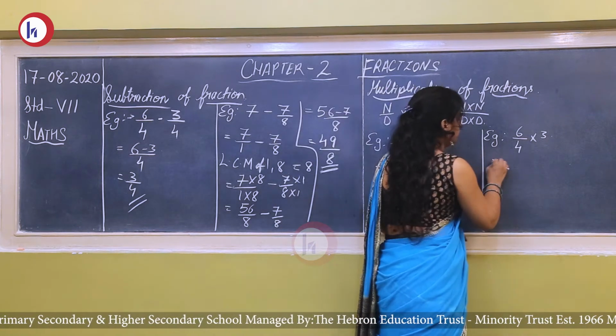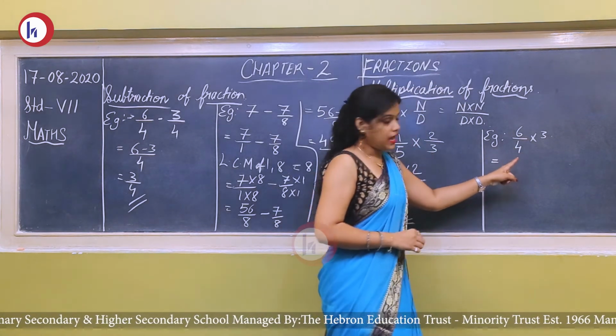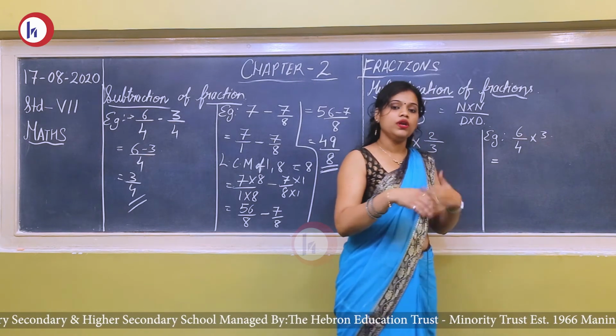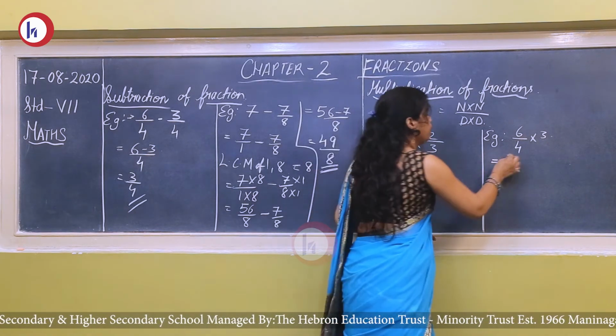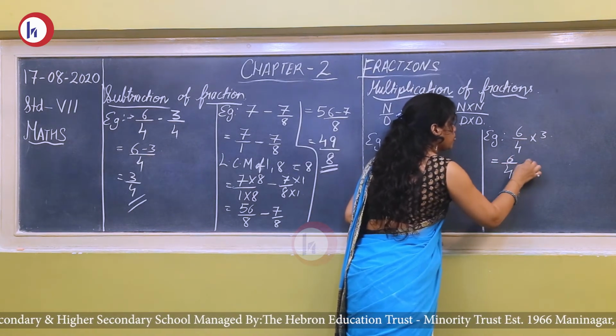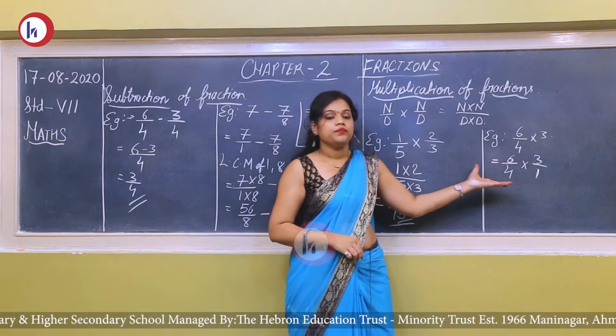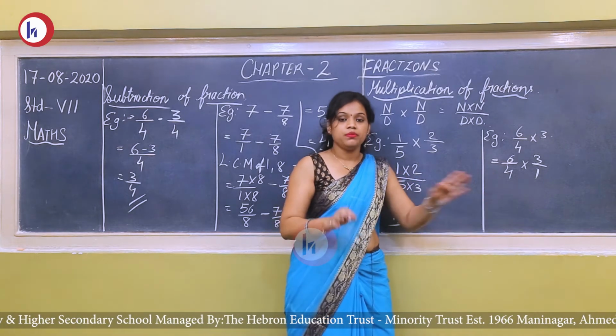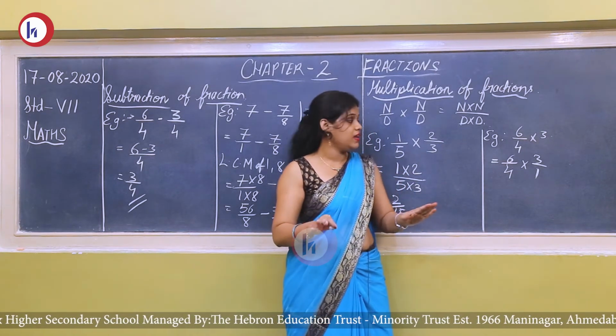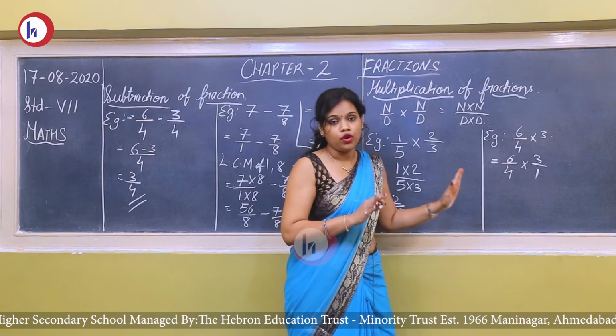Here I have taken one fraction and one whole number. For the whole number, again you will write 6/4 multiply by 3/1. Again it is an unlike fraction, but you don't have to find out anything like LCM for multiplication.